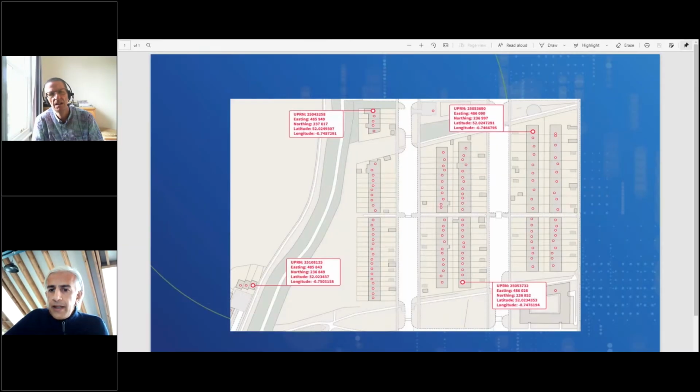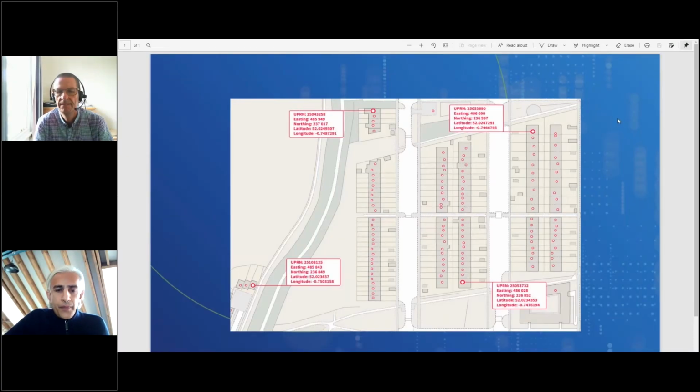Because if you think about it, when you look at a UPRN, what you get is this. So you've got a number, the UPRN, and then you've got the coordinates.